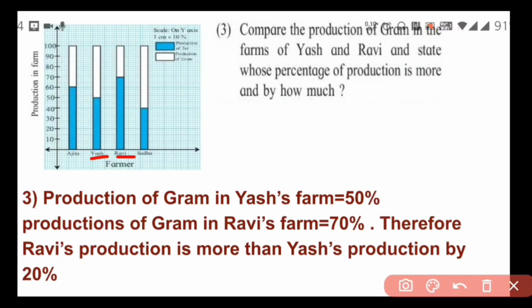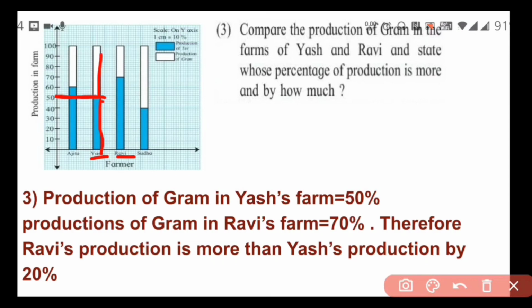The white colored part is for the percentage of gram. In Yash's farm, the tur goes till 50, so the remaining 50 will be for gram, as the bar is of 100. If the lower part is 50, the upper part will also be 50. 50 plus 50 is 100.